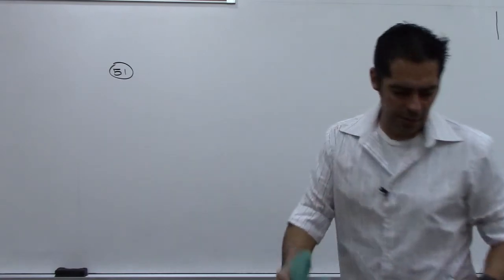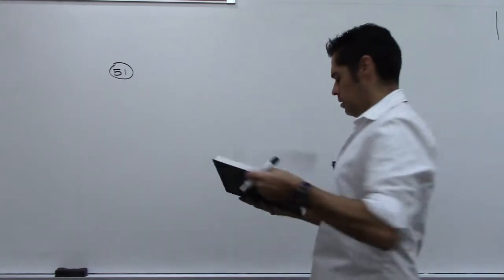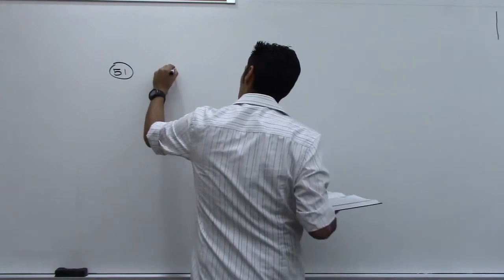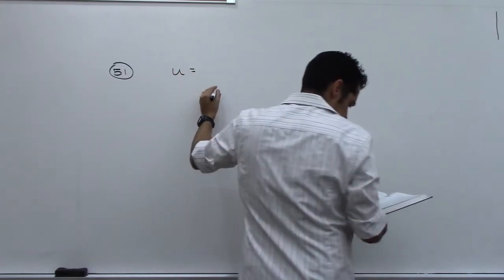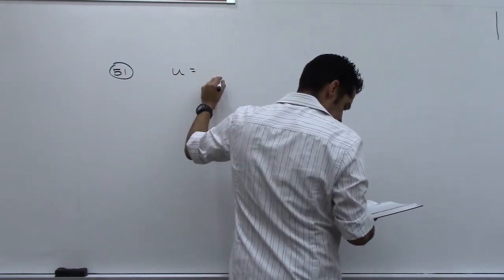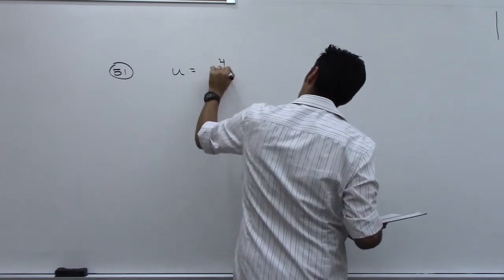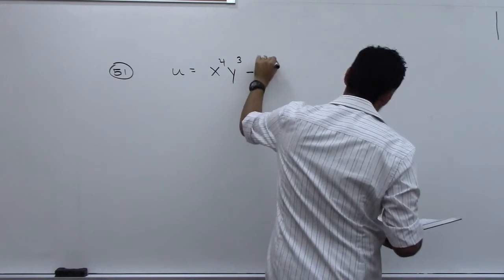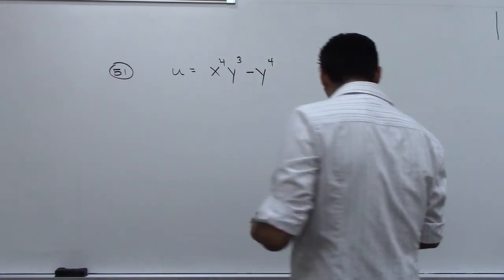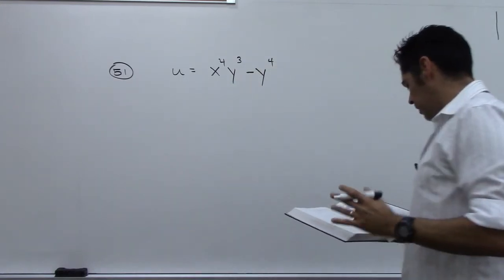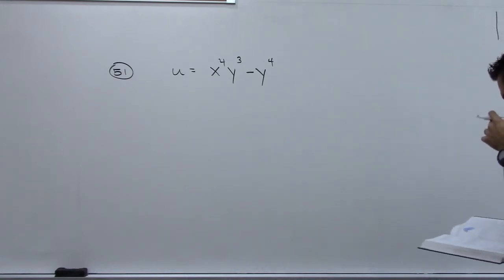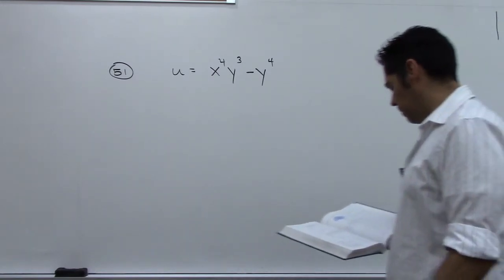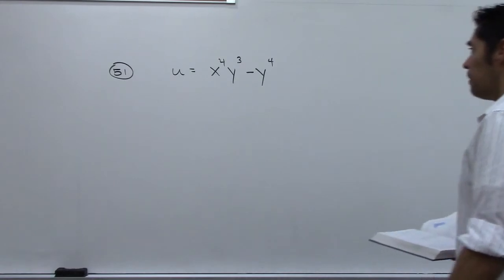So we're going to take a look at a function. u is equal to x to the fourth y cubed minus y to the fourth. Oh, by the way, I'm not doing number 47 and 49. I'm going to let you do those. Same principle as number 45, but they're a little more complicated.